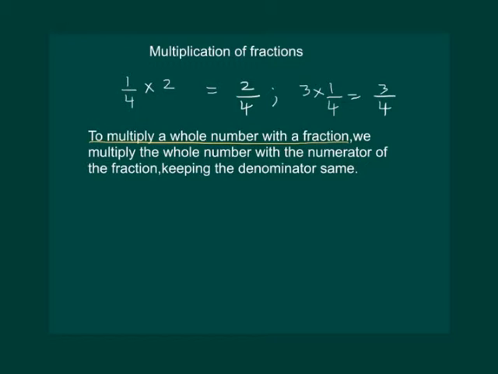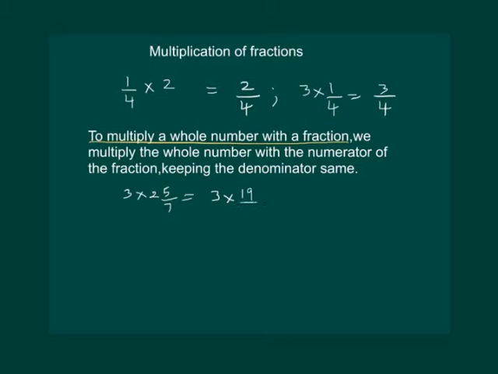What will happen if the fraction is a mixed fraction? Say we consider 3 multiplied by 2 5 by 7. We will first convert our mixed fraction into the improper fraction and get 3 into 7 is 14 plus 5 is 19.